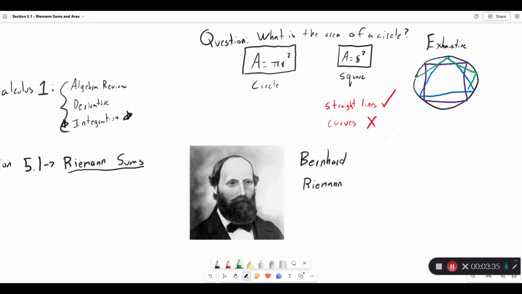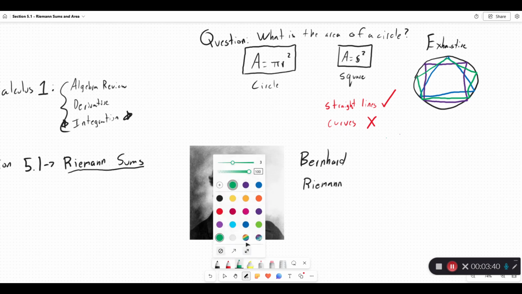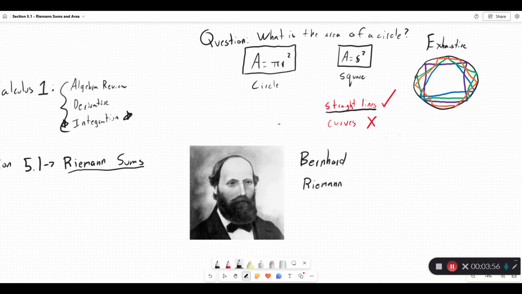Here is, in green, a pentagon. We could go in orange, a hexagon. We add more and more shapes, more and more sides. Again, everything that we're doing involves straight lines, and we believe eventually, hint, limit, the area of the circle is found.